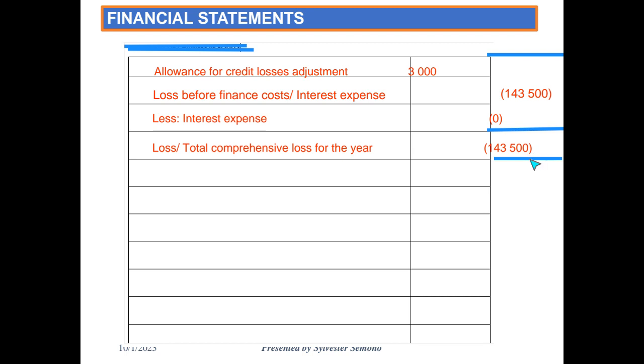So this is what we call the statement of profit and loss and other comprehensive income. Sometimes it's also called income statement. All right. Are we okay? Yes.